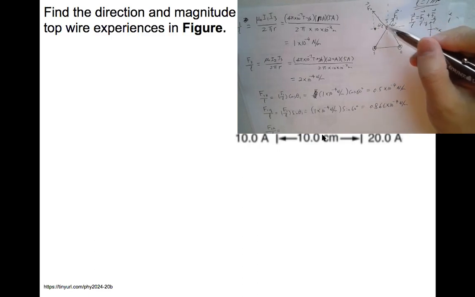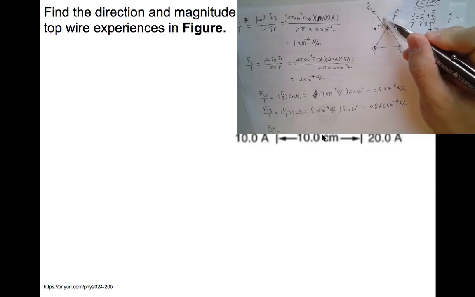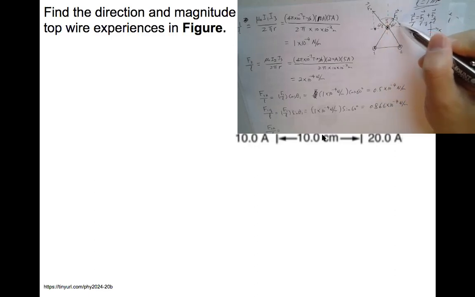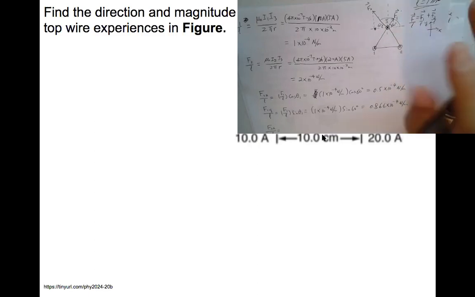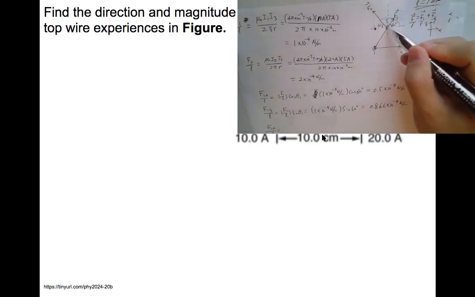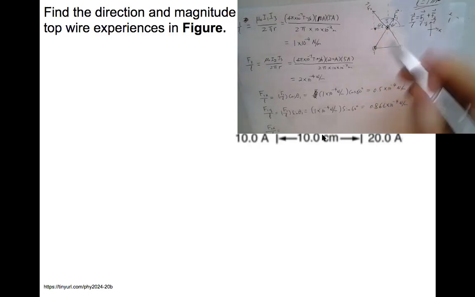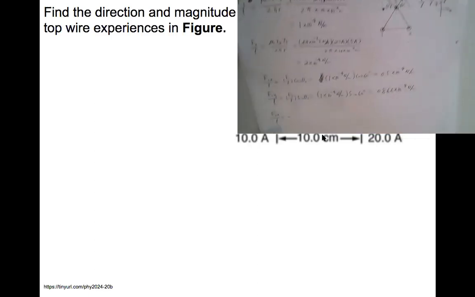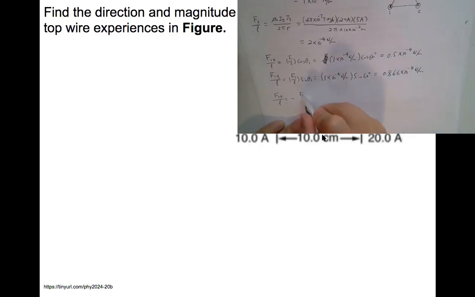If you do F2 cosine of the angle theta 2, then you will be looking at the 120 degree angle. Either way, this time I'm going to just look at the geometry directly, so you can tell it's going to be negative: negative of the F2 magnitude over L times cosine of the 60 degrees. If you plug in the numbers, it will be minus 2 times 10 to the minus 4 times cosine 60, which gives me minus 1 times 10 to the minus 4.